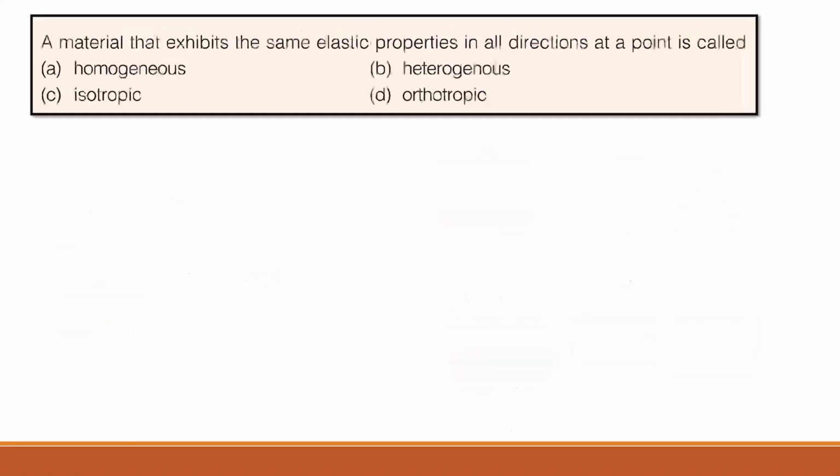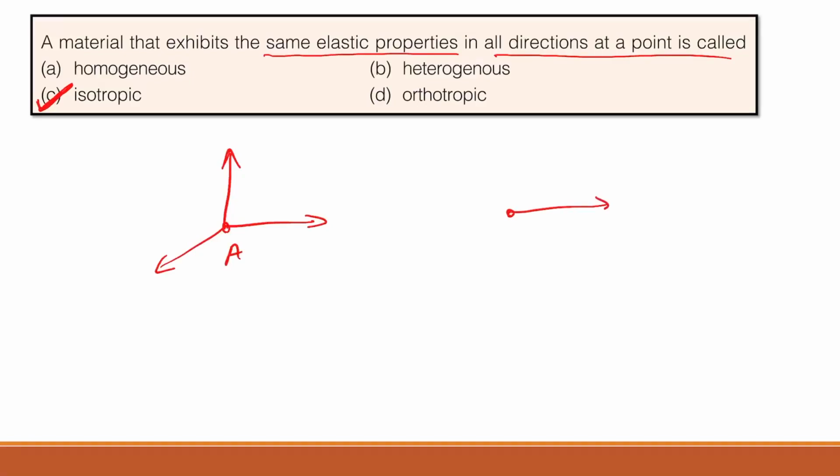So next question guys, a material that exhibits the same elastic property in all directions at a point is called as. Here the correct answer is isotropic. As you can see here, consider this is point A and this is point B. So in this direction, if point A exhibits sigma x property, and if point B exhibits the same property in the same direction, that is a homogeneous material.